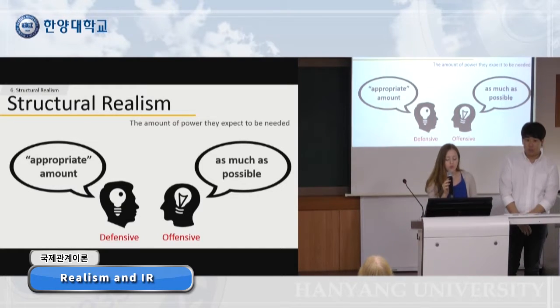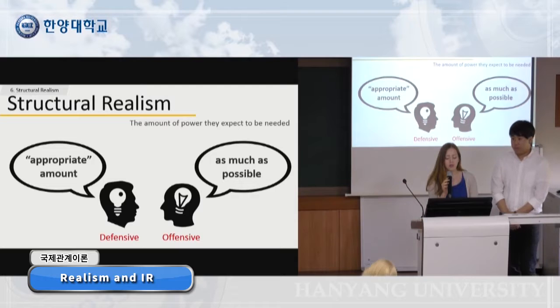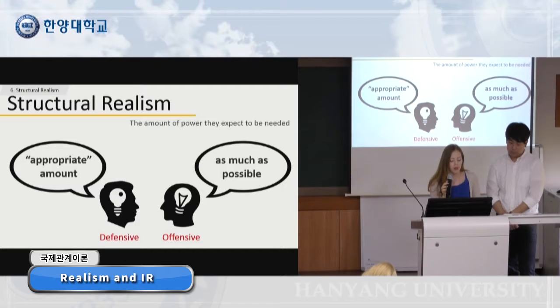Secondly, the offense-defense balance also matters in the system. And thirdly, and the most important, I think, is that defensive structural realists predict that states want to keep their status quo. Defensive structural realists then suggest that states should seek an appropriate amount of power, not more. Seeking superior power is not a rational response to external systemic pressures.